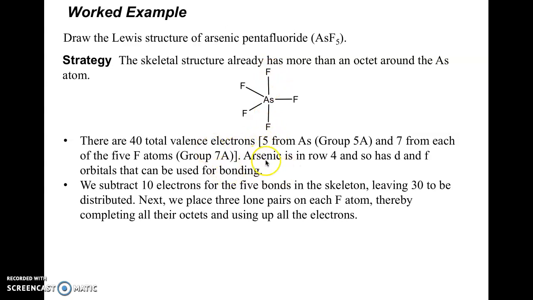I've told you how many valence electrons you have here because arsenic is in row 4, so it has d and f orbitals that can be used to do this expanded octet. And everything except for arsenic ends up with an octet and is pretty comfortable with that.